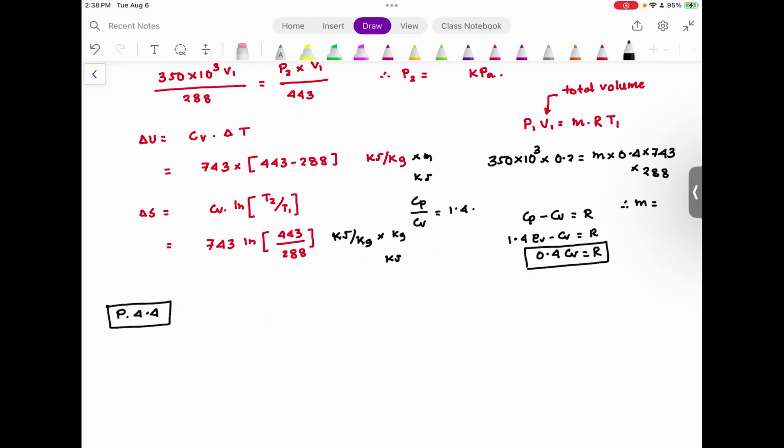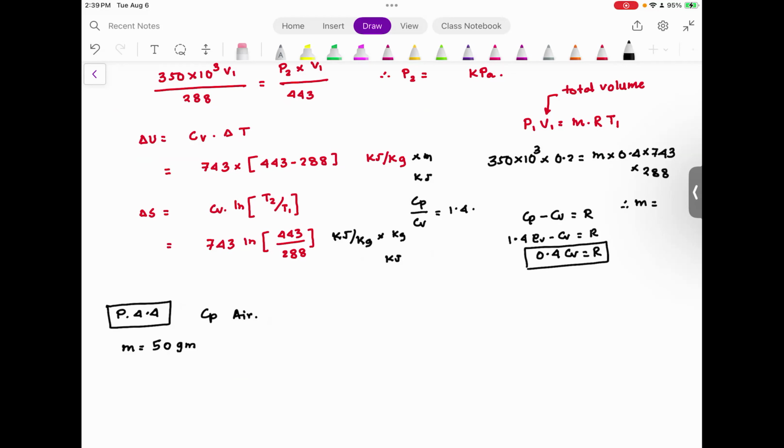So what we want to find out is specific heat of air. 50 grams of air at constant pressure was heated. So mass is equal to 50 gram.